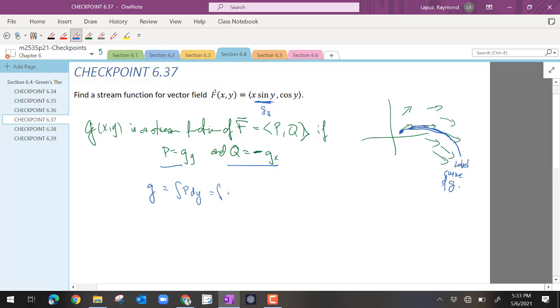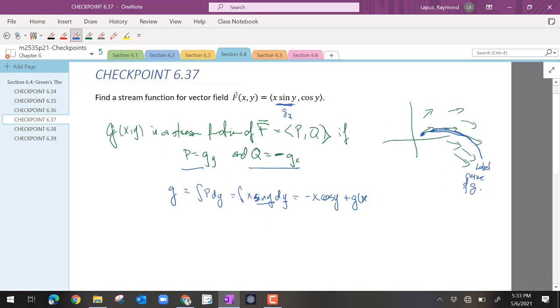So we're going to integrate x sine y with respect to y, and the antiderivative of sine is negative cosine. So we will have negative x cosine y. And again, we want to allow for some function. We're taking this with respect to y, so we want to allow for some function of x here.